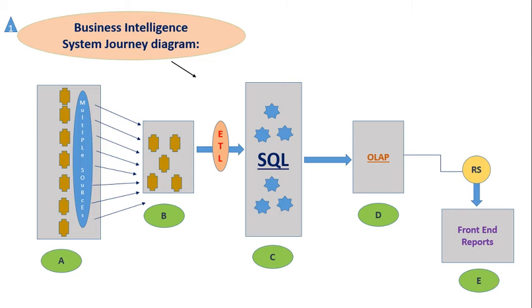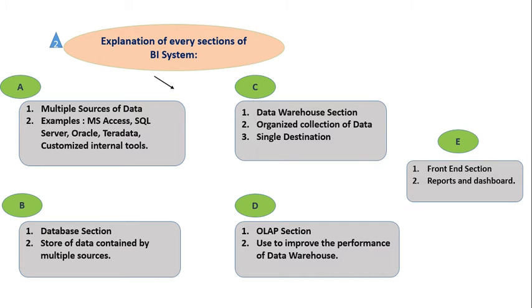Moving forward, I have gathered a few points regarding each and every section we can see over here. Regarding the A section, the multiple sources of data, we have seen examples: MS Excel, SQL Server, Oracle, Teradata. Customized internal tools can also be there for the organization, for the enterprises.